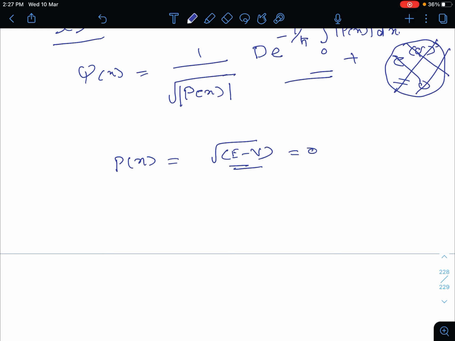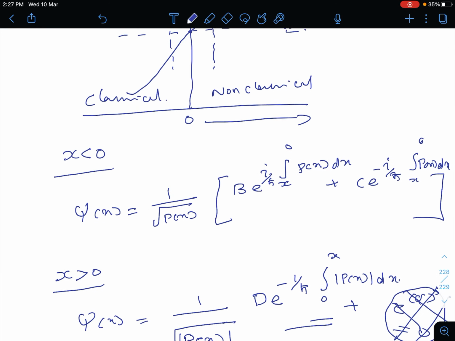So how can we manage it? In that case we will be patching a wave function. A patching wave function can be used at this point, which we will consider here.